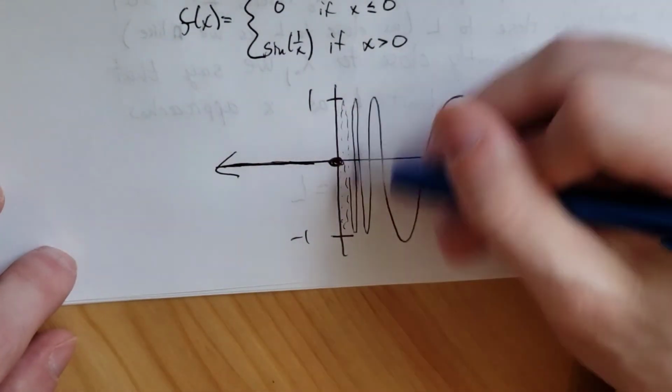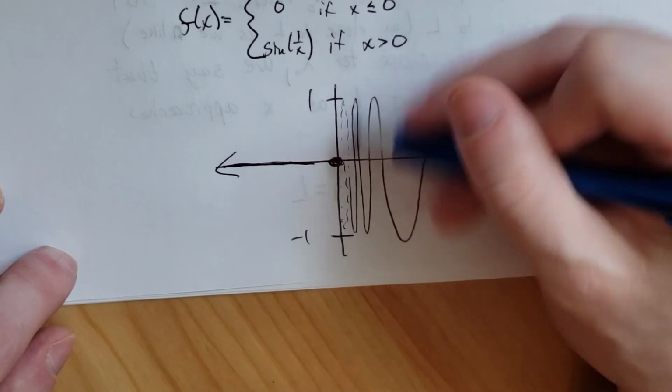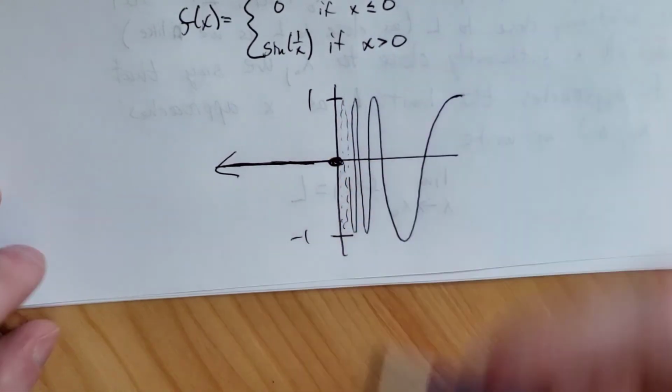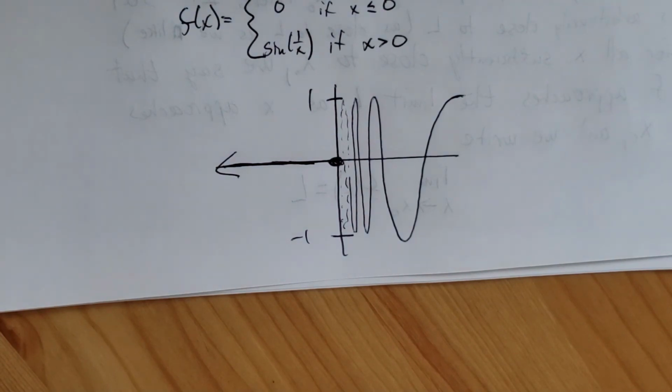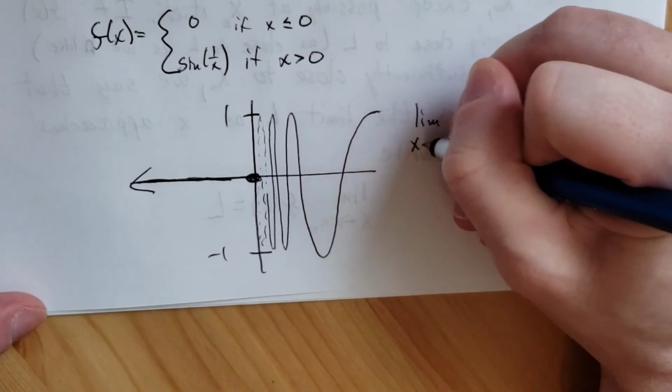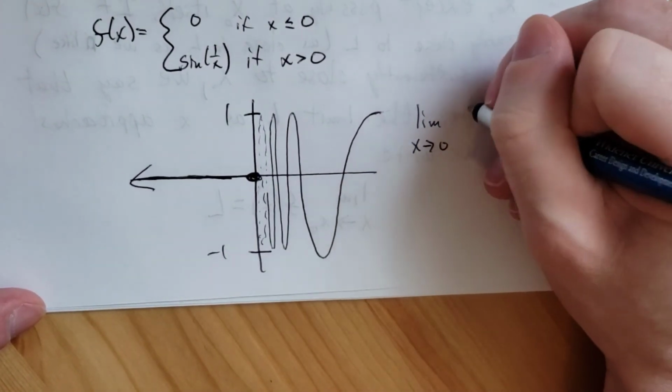And it continually bounces back and forth forever. No matter how close we get to x equals 0, this is going to continually bounce back and forth between negative 1 and 1.